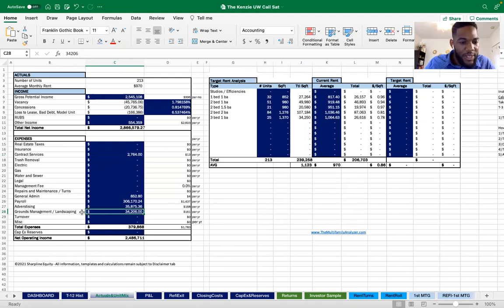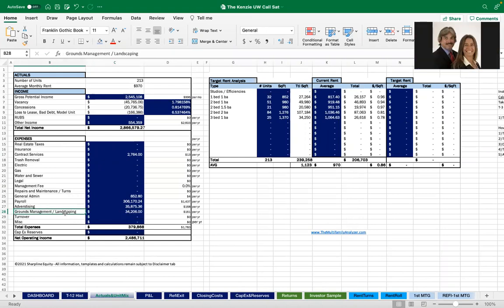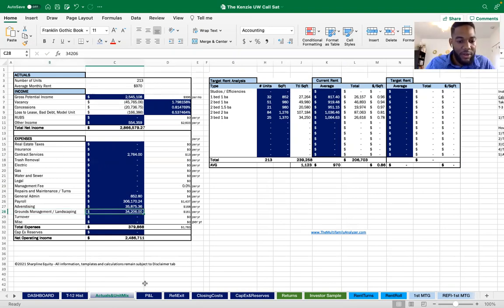On this model, it actually has landscaping broken out instead of putting it in contract services. So it is a contracted service, but for this model, it has it broken out here. If it didn't have this line item, we would just bulk them all in contract services. But it'll be fine right here for what we have.